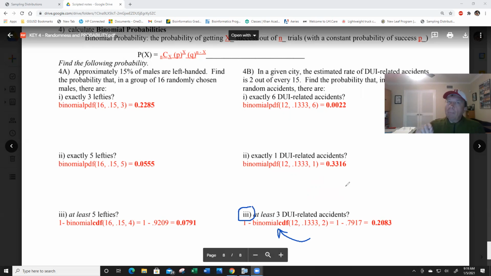So the complement of at least 3 is 2 or less: 2, 1, or 0. If I go 1 minus 2, 1, or 0, I'll be left with 3 or more, which is called at least 3 in this case. So let's try this on the calculator.